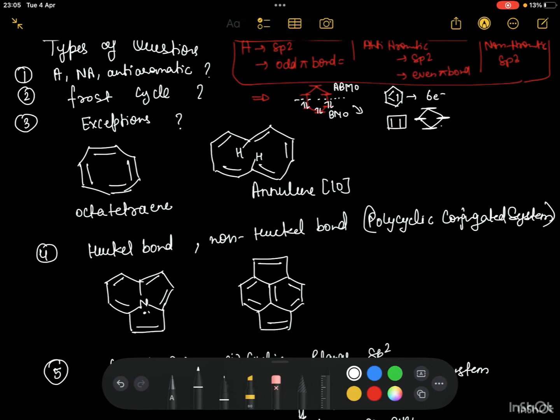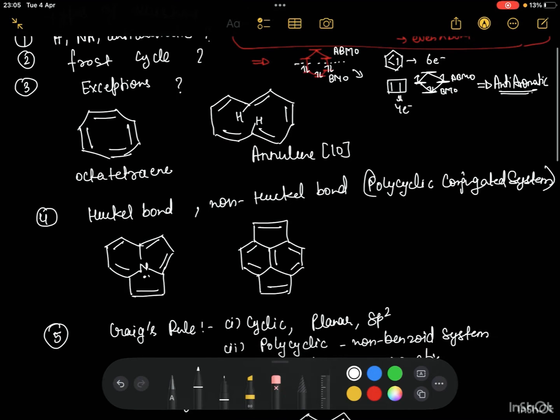This is the bonding. How many electrons are there? 4 electrons. So we fill one by one: 1, 2, 3, 4. So 2 electrons are going into the anti-bonding molecular orbitals. That means the compound is anti-aromatic. So by the Frost cycle also you can check which compound is aromatic and which is not.